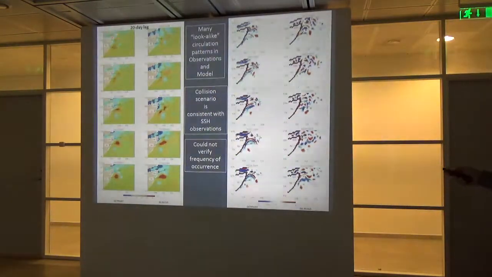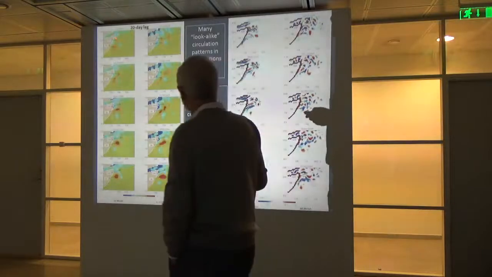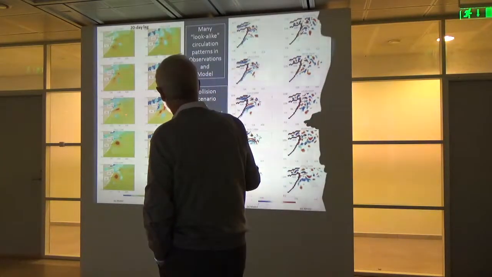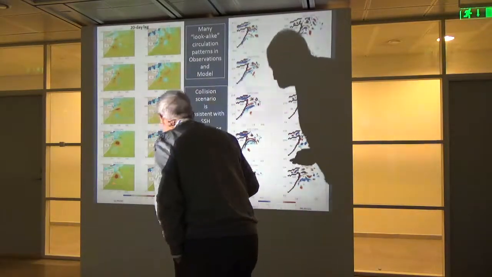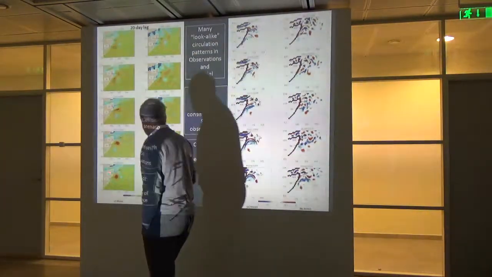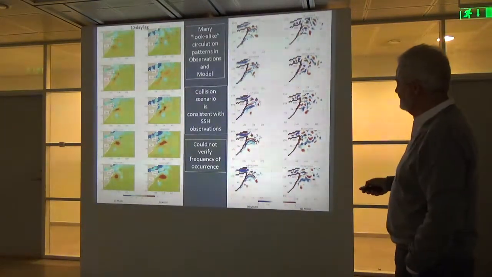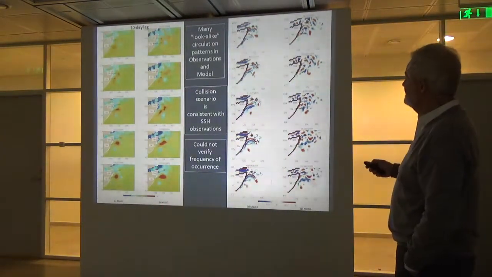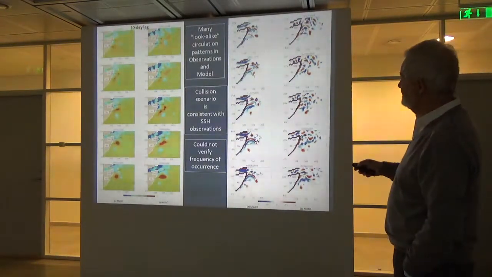On this side here, you have the model sea surface elevation for a period going from July to August. And this is another series from AVISO, not in the same year and not exactly the same period, but we picked a series that resembles it very much in terms of pattern.